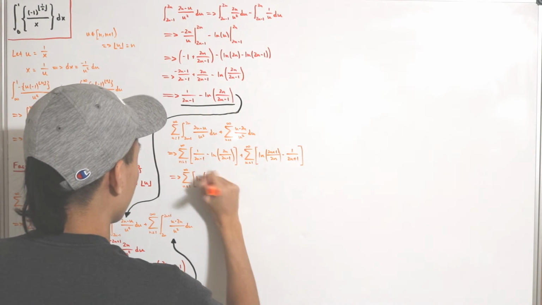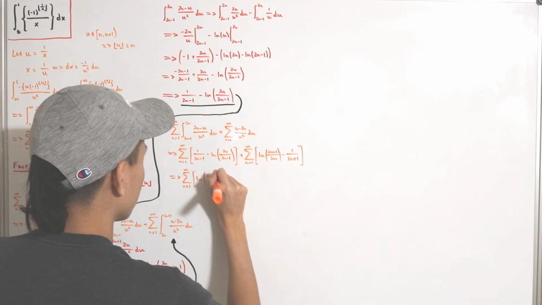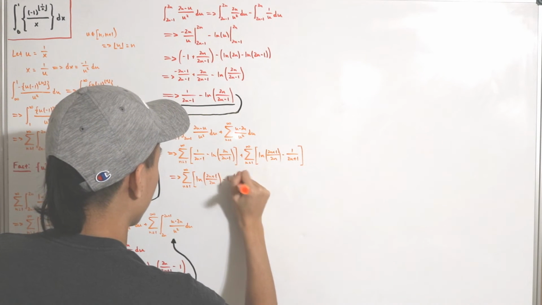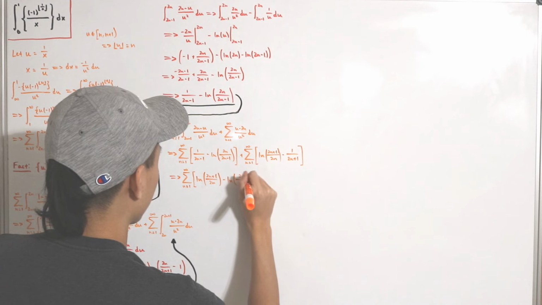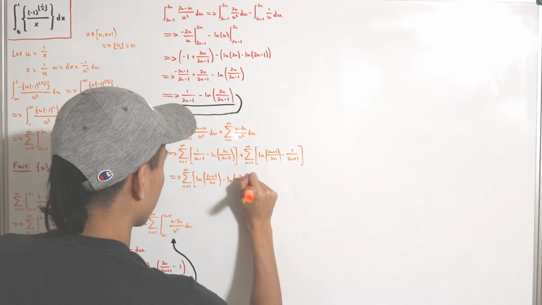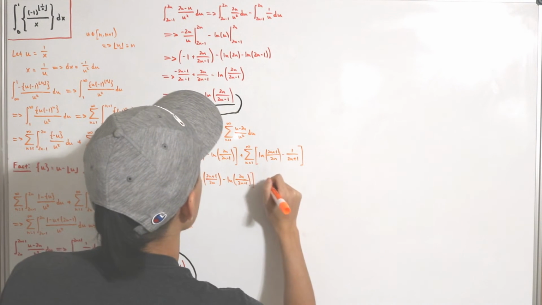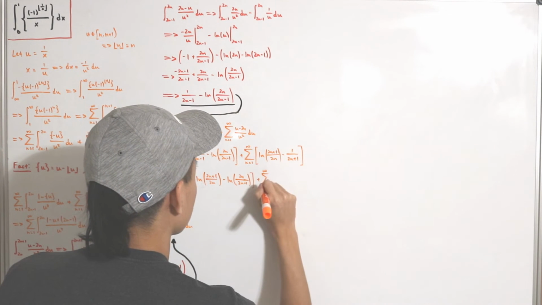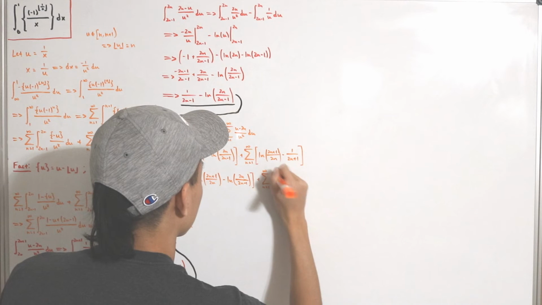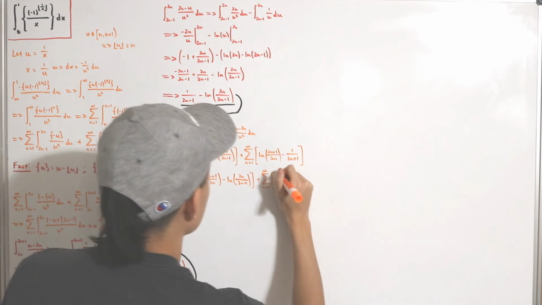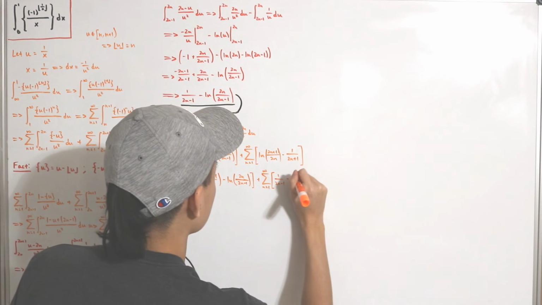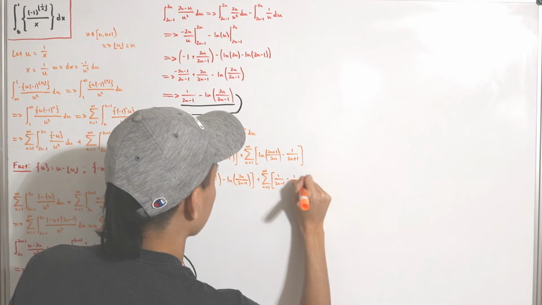So this is ln of 2n plus 1 divided by 2n, and then subtract that with ln of 2n divided by 2n minus 1. And then I'll add this with our term, the sum with n equal to 1, of 1 over 2n minus 1, and then subtract this with 1 divided by 2n plus 1.